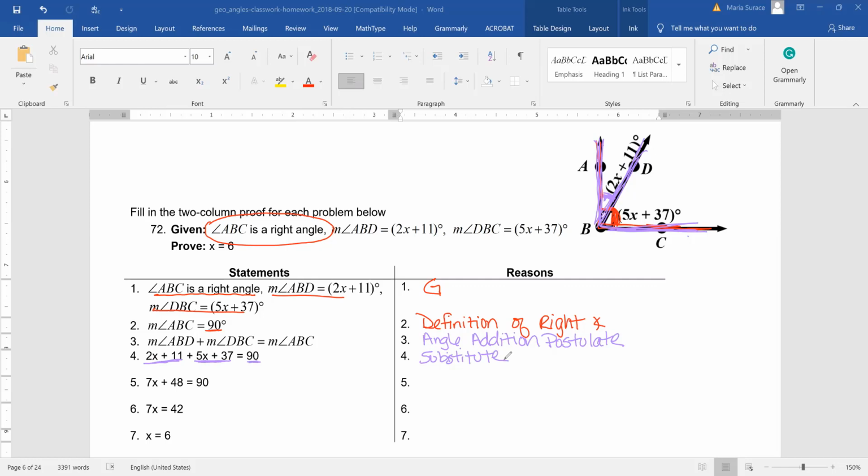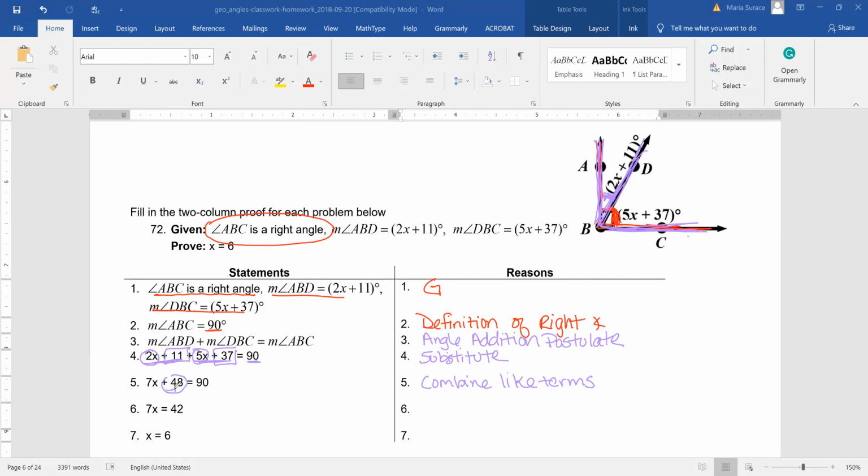From here now, we need to start combining like terms, the 5x and the 2x and the 11 and 37. That's how we got 7x and 48, which means our reasoning here was combine like terms. Next, how did they get rid of the 48?